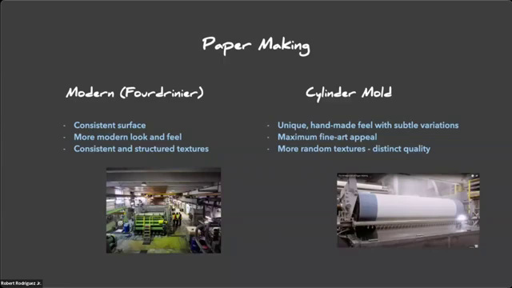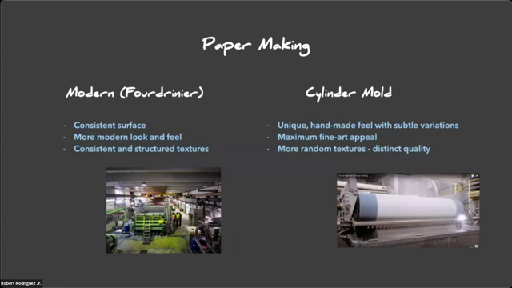The textures are not as structured and regular as the modern machine. They're more random. So the way the fibers are put together in these machines is random, which means that you get a more distinct and a more handmade kind of look to them. Definitely going to appeal to those who want the greatest fine art appeal. And as I said, they have sort of random textures to them.